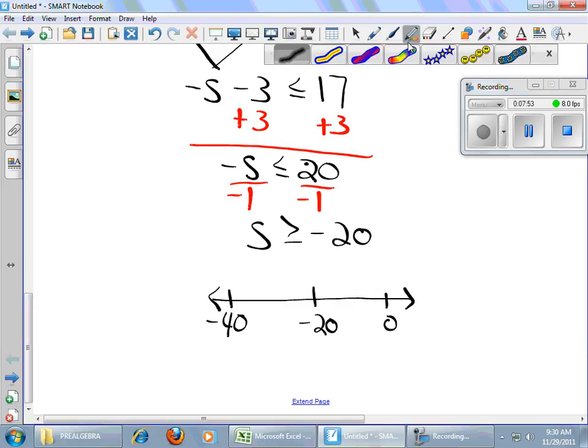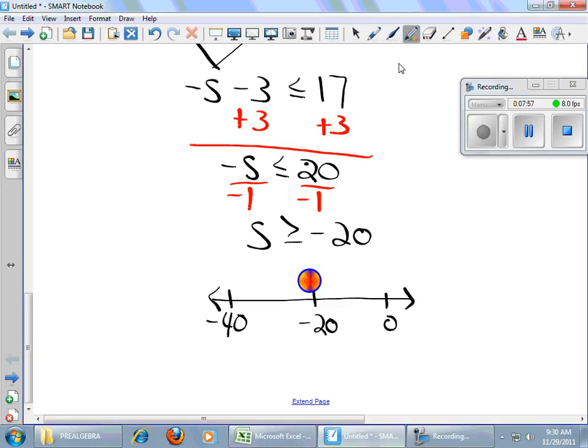All right. I'm going to have a closed point on the negative 20. Why? Because it's greater than or equal to. And then I will shade where the numbers are greater than negative 20. Well, I know that 0 is greater than negative 20, so I will shade that way. And there we go. Notice I'm doing my shading above the line.